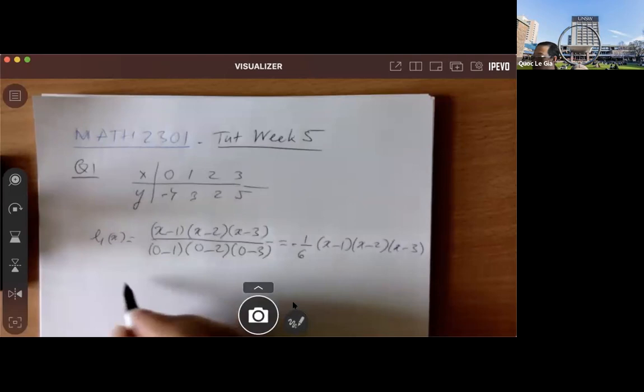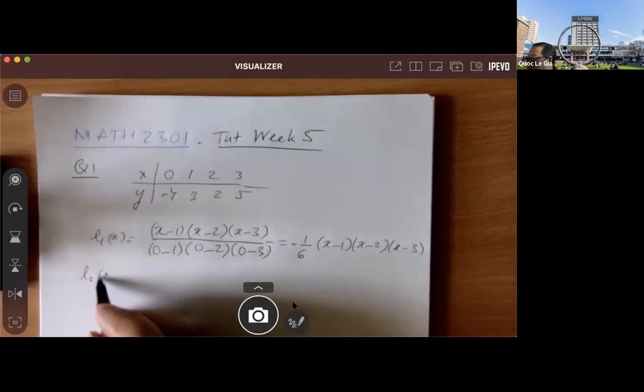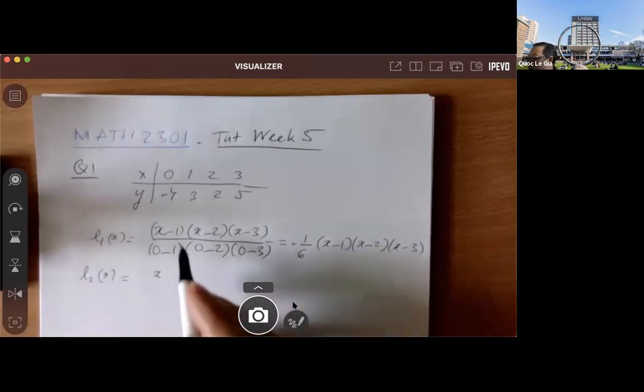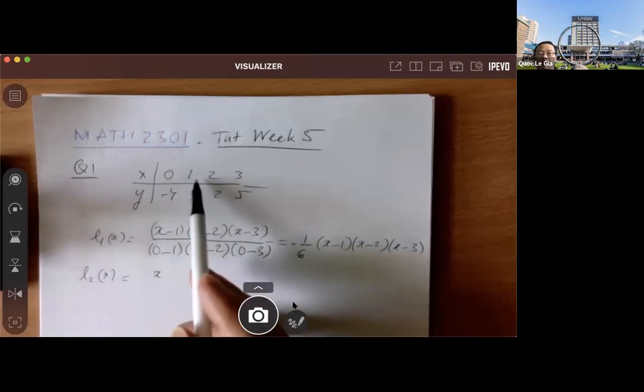Okay. Similarly, you can define L2 as x minus everything except the second point.